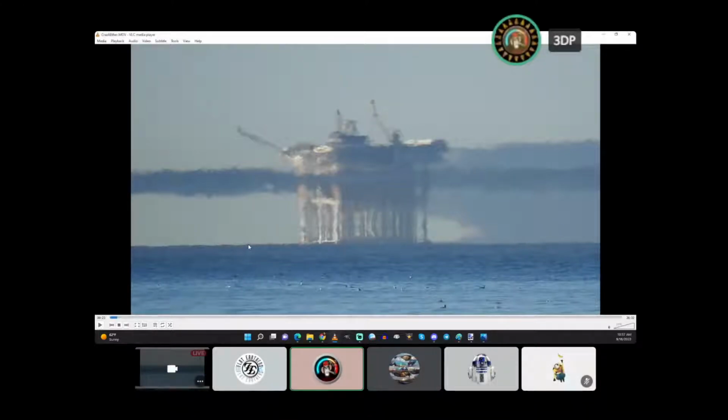If you look at that and go to the middle of the platform, about there, there appears to be buildings or a boat in between the legs of the platform, but that is the reflection of the underside of the service platforms.